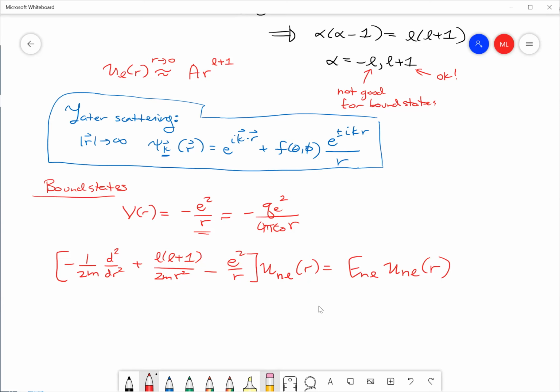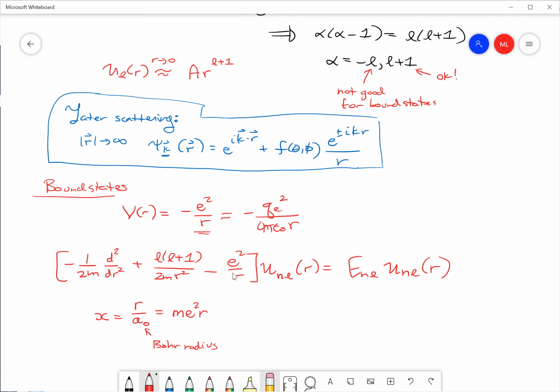So you want to introduce a new coordinate, which is little r divided by the Bohr radius, and the Bohr radius in terms of m and e squared is just 1 over me squared.